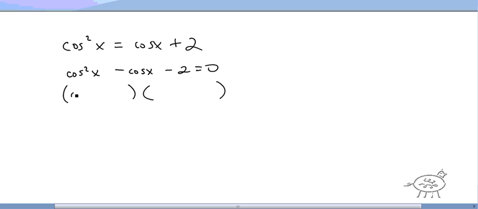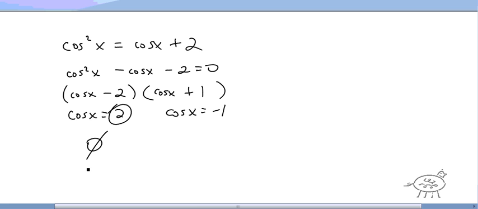You get a factor, so you get cosine of x, and it's going to be minus 2 and plus 1. That's going to give us the right combination. So you get cosine of x equals 2, cosine of x equals -1. Already, this one's no solution. This one, remember, this is going to be x over r. So where's x -1? It's right here. So this one is x equals pi. And that's the answer to that problem. X is equal to pi.